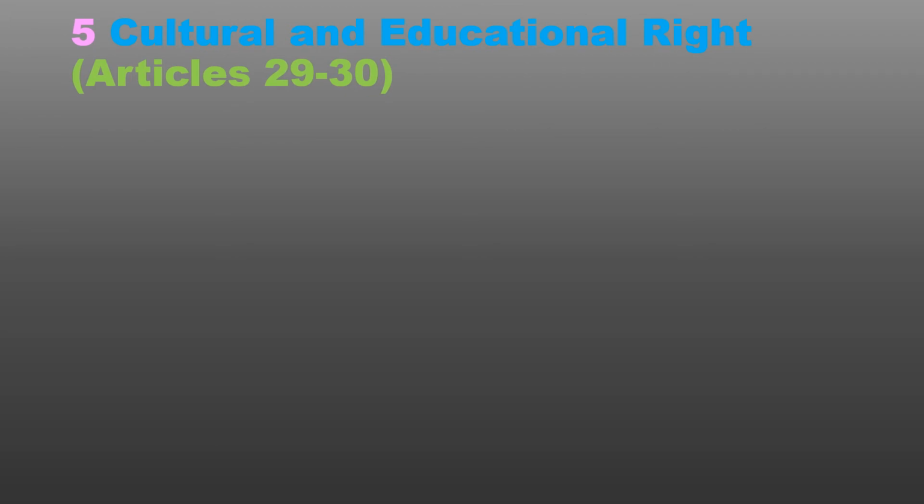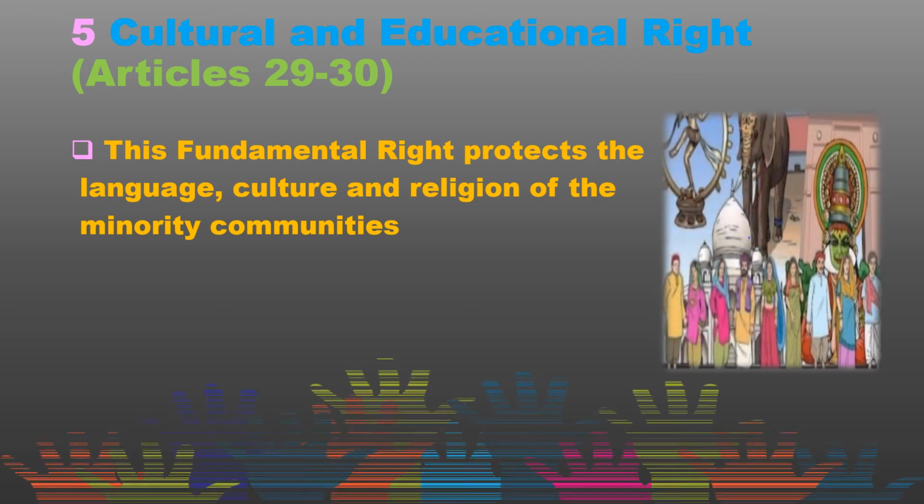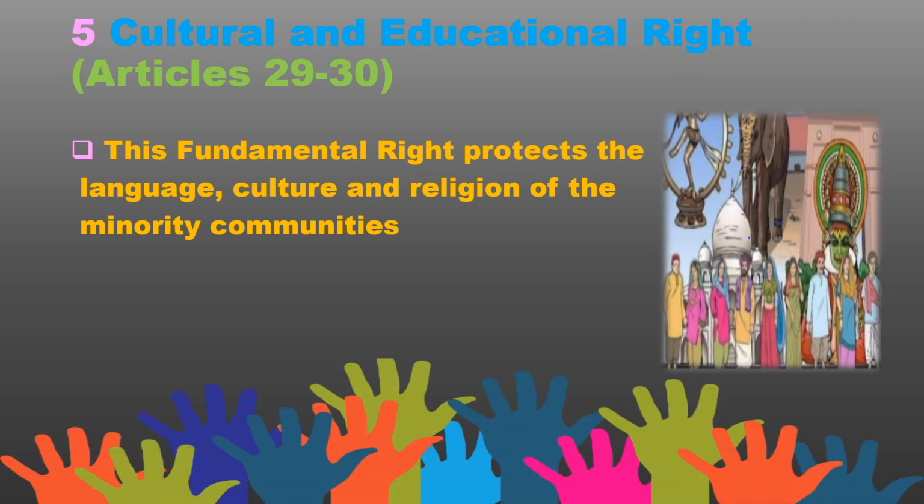Cultural and educational rights. India is the largest democratic country in the world, having diverse cultures, scripts, languages, religions, etc. Democracy is a rule of majority, but the minorities are also equally important for its successful working.